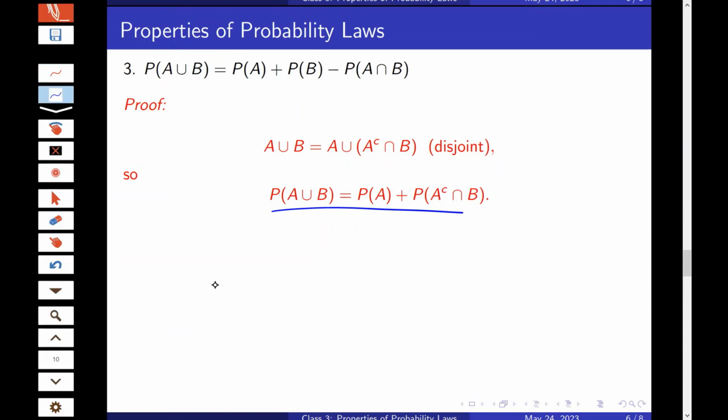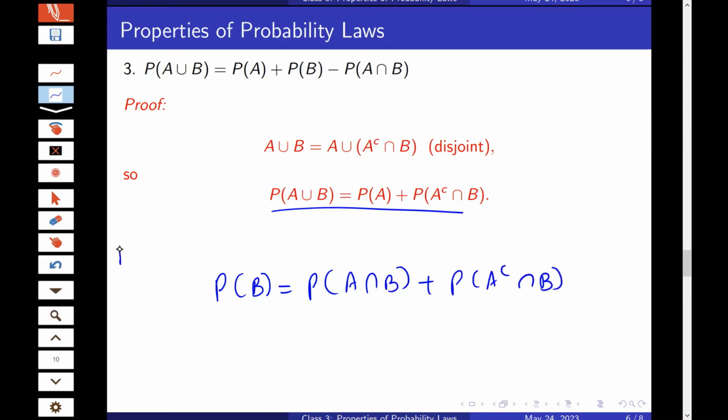If you write down the equation for P(B), which is P(A intersection B) plus P(A complement intersection B). This is from the second property, not second law, it is the second property of probability laws.